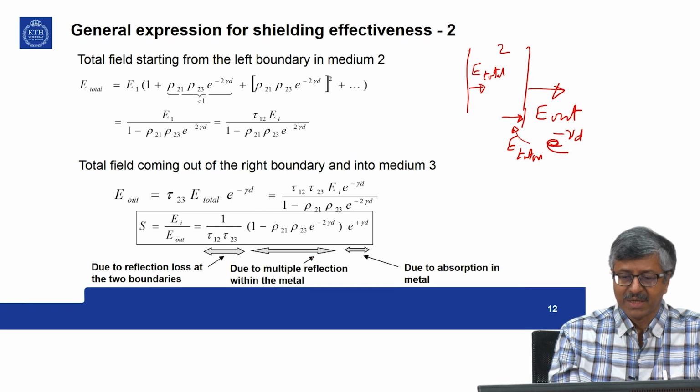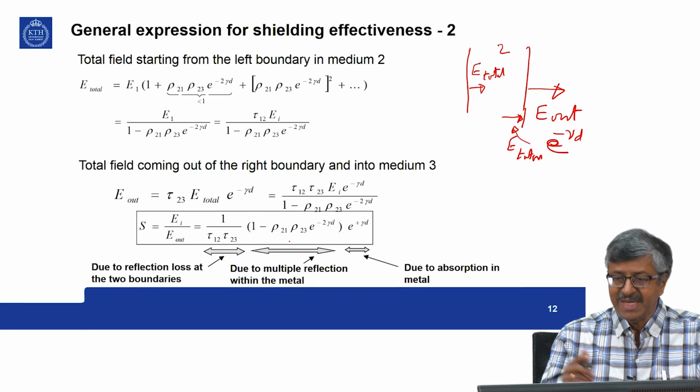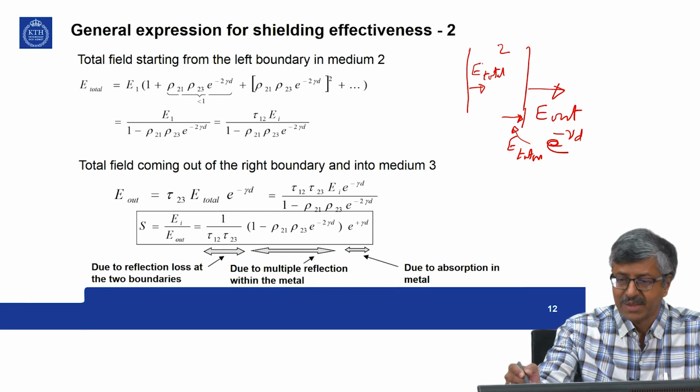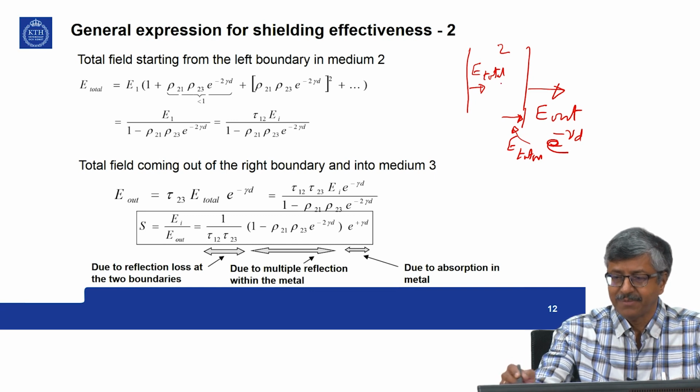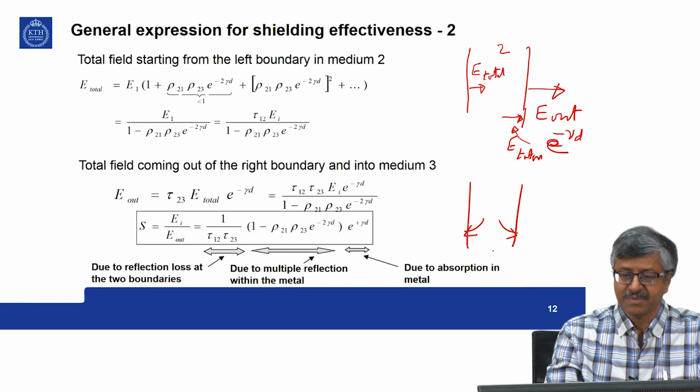The central part involves both reflection coefficients from inside, 2 1 and 2 3, like this.